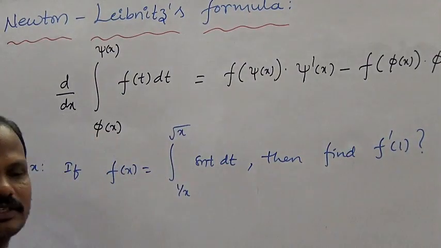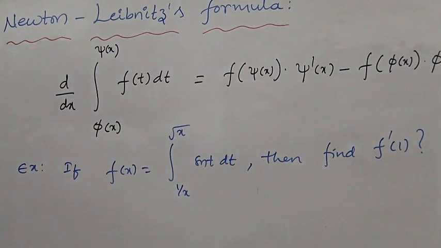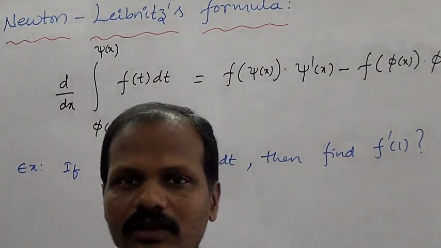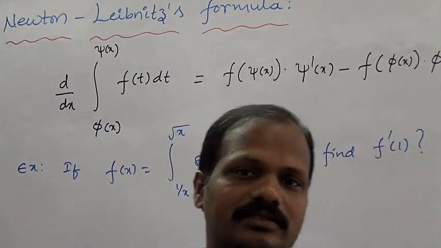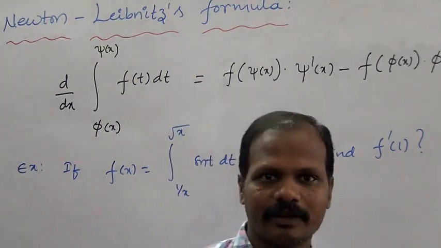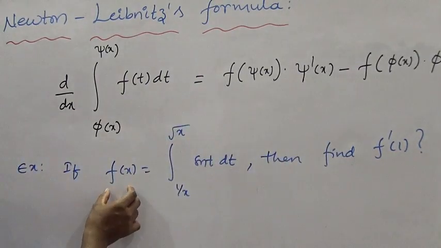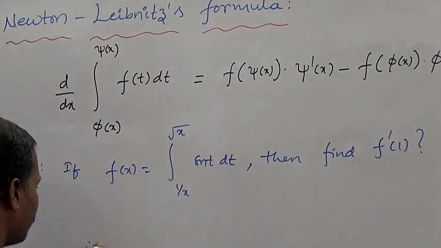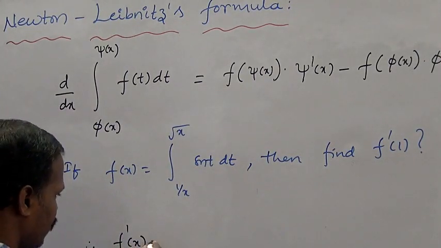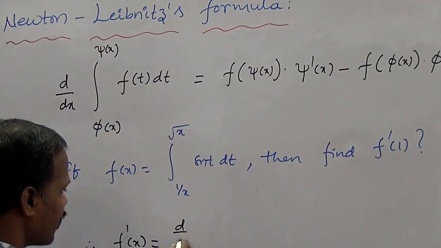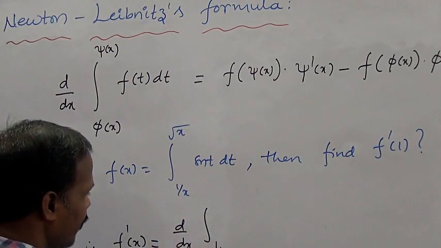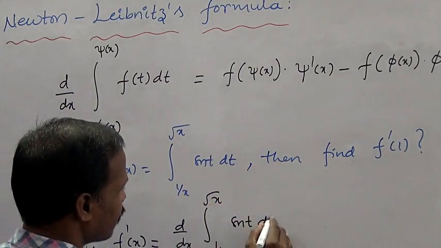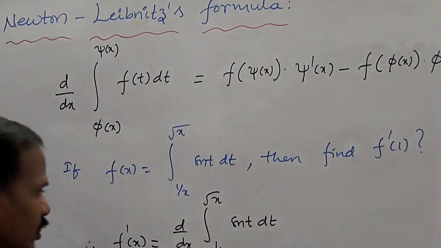So to find f dash 1, first of all you have to calculate f dash x, then only you can find f dash 1. So f dash x equal to d by dx of integral from 1 by x to root x of sin t dt.